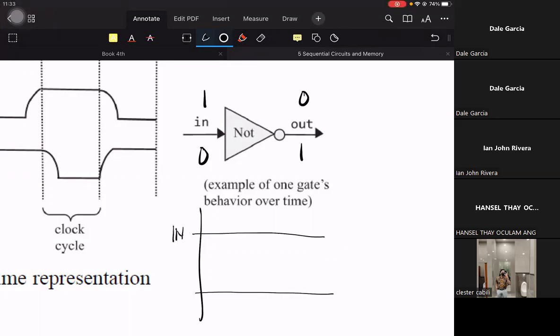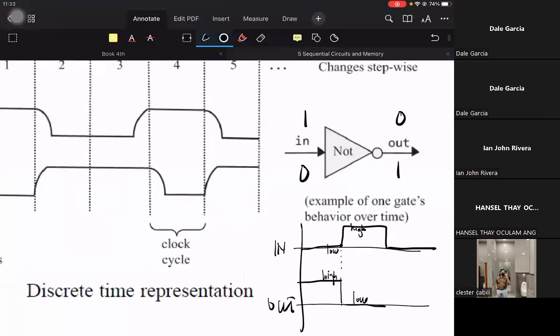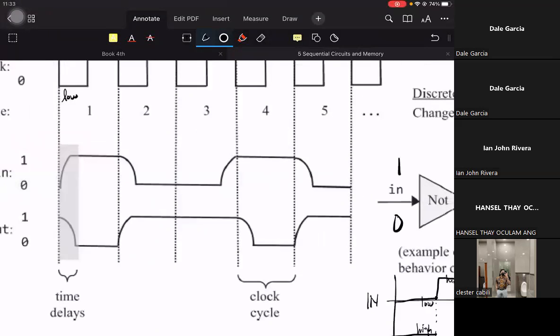This is the input, this is the output. Instantaneously, the moment our input goes from low to high, the output goes from high to low. But in actual, it's not like that. It's like this. It is delayed.